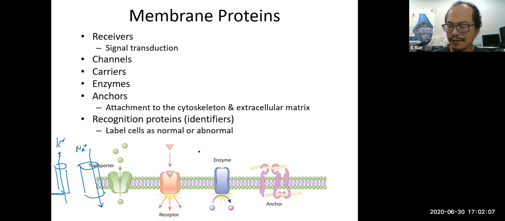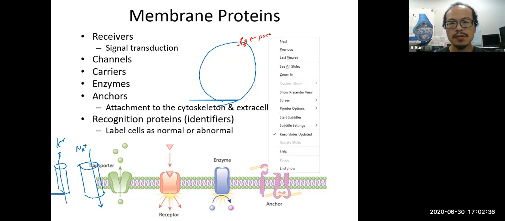So the cell membrane is the foundation, and on top of that, we can anchor or attach many different kinds of protein. So this is protein.